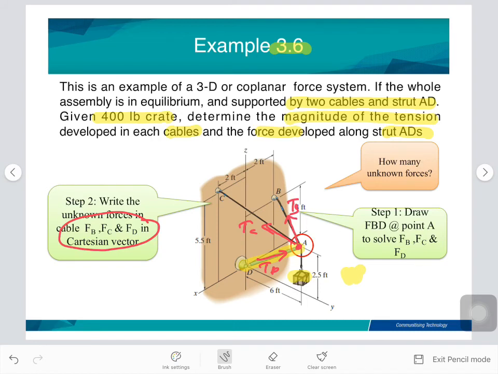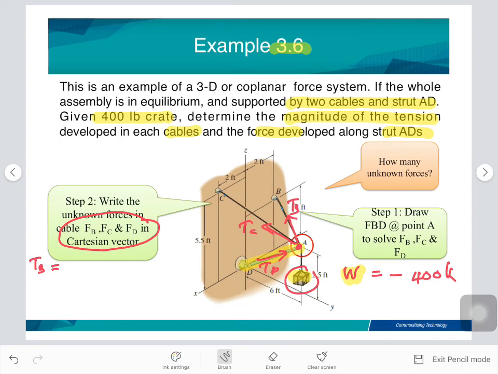So here, what info are you given? You have the weight W. So now what is your W in Cartesian? Negative 400 k. And then you need to write your TD, TC and TB in Cartesian. So here you can have your TB in Cartesian. You need to have the unit vector.